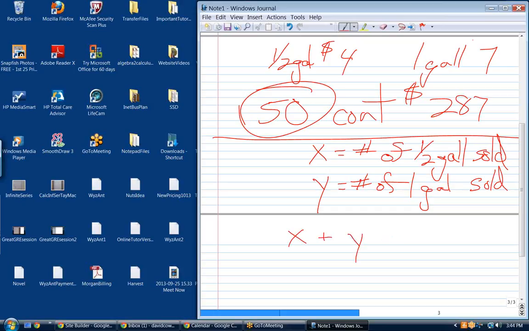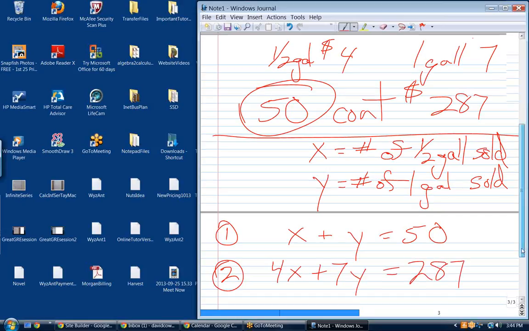We might as well get the easy one out of the way. That's equation number 1. And we need a second equation because this has an infinite amount of solutions. So the second equation is what again? 4x plus 7y equals $287.